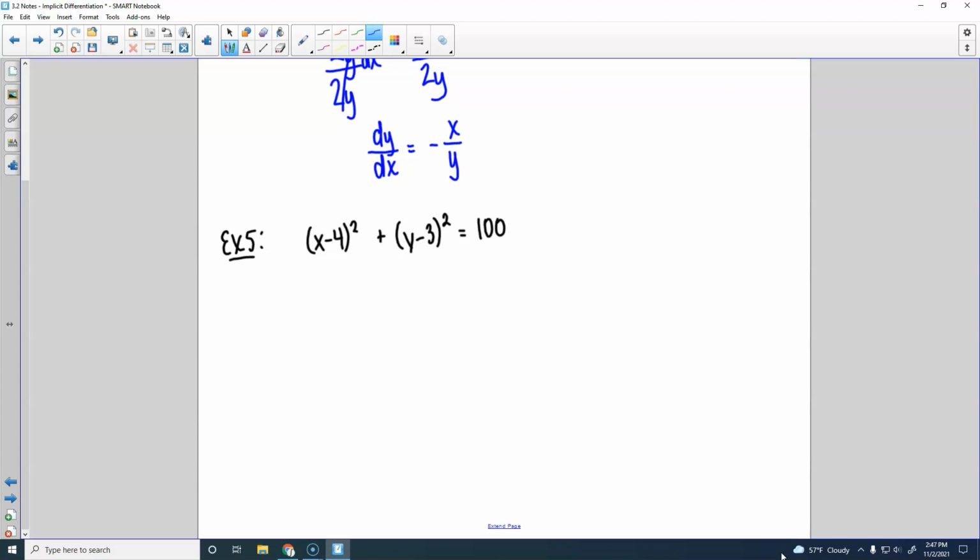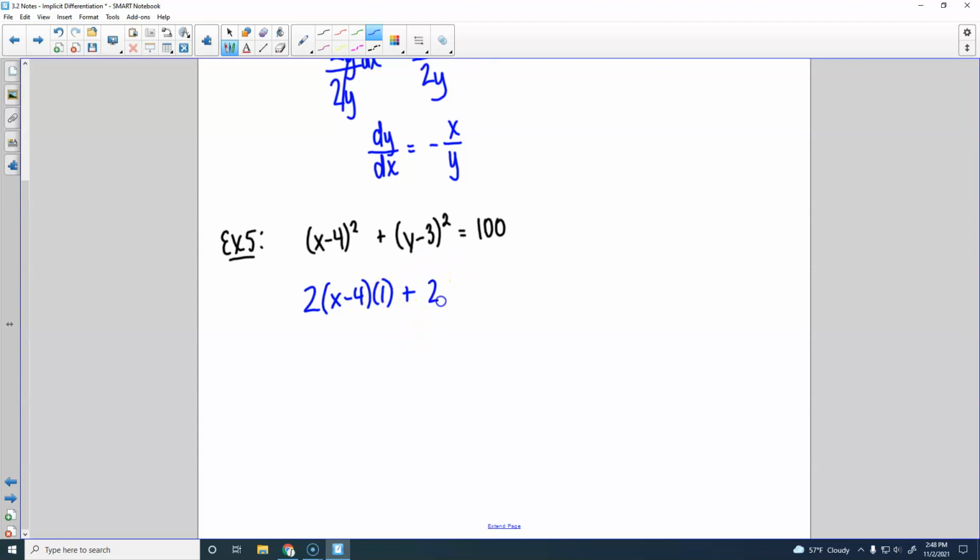So we got (x minus 4) squared plus (y minus 3) squared equals 100. To take the derivative of (x minus 4) squared, 2(x minus 4) to the first power times the derivative of x minus 4, which is just 1. You don't have to write that if you want.